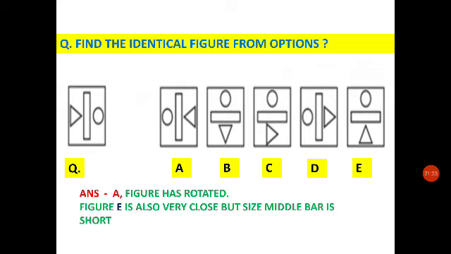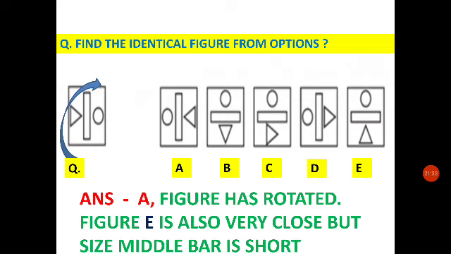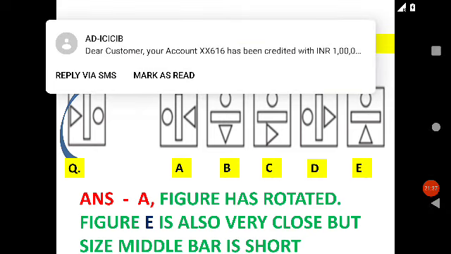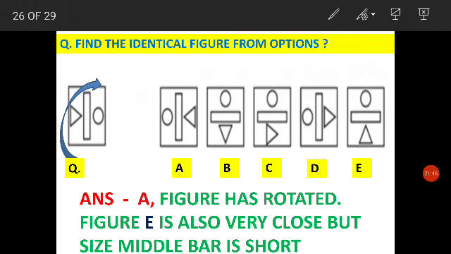Now here again you have to find the identical figure. The answer is figure A. E is also very close, but the middle bar actually is short.